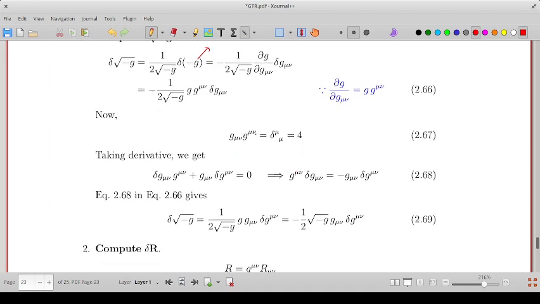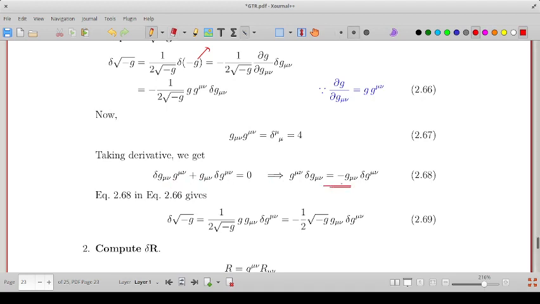And if I take the derivative of this equation, I will get first delta g mu nu, then g mu nu plus this times derivative of that, that is equal to derivative of this number, which is 0. That means this times this is equal to minus of this times that.